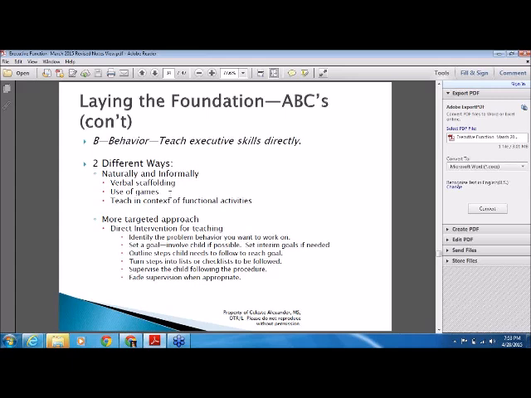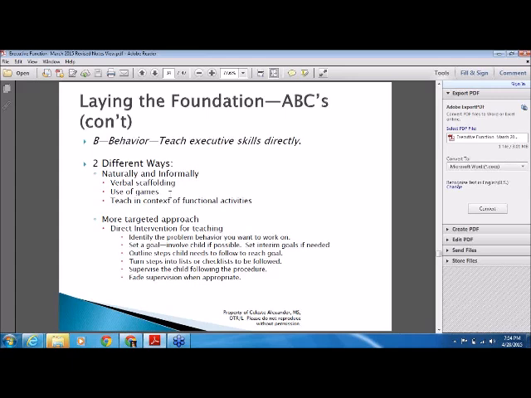Okay. Again, real world things like meal planning, cooking, grocery shopping. Hey, it's OT. It's what we do. I read this and I think, okay, we do this so naturally through our occupation-based activities.